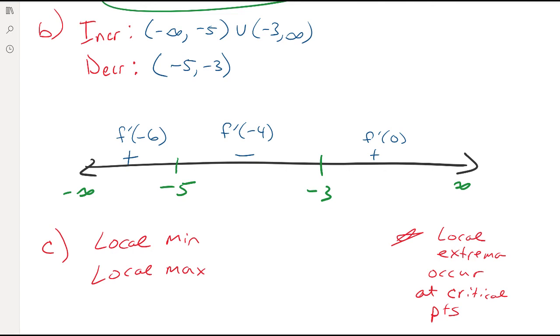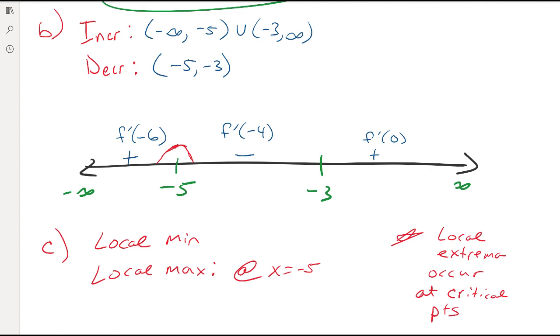So to the left of -5, we're increasing. At -5, since it's a critical value, we flatten out for just that brief moment. And then to the right of -5, we go back to decreasing. You see that? So we have a local max at x equals -5 because we went from increasing to decreasing.